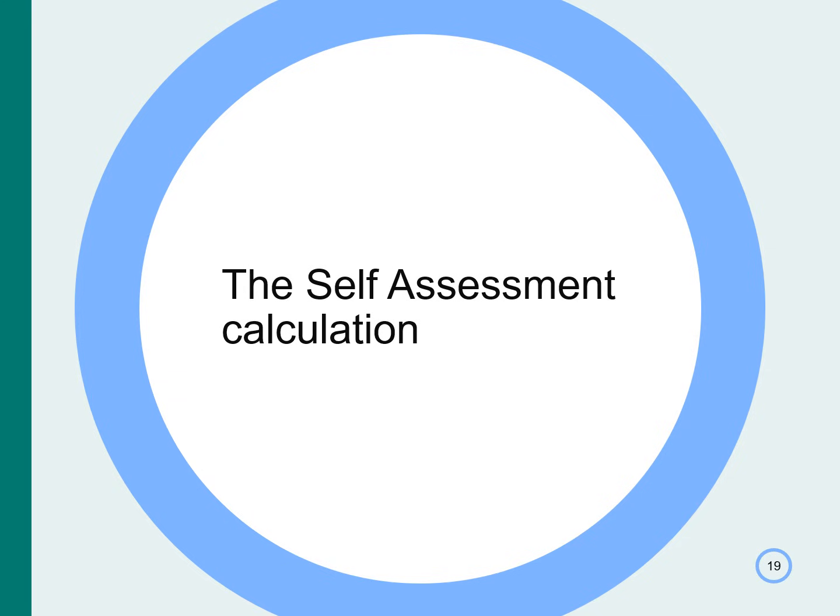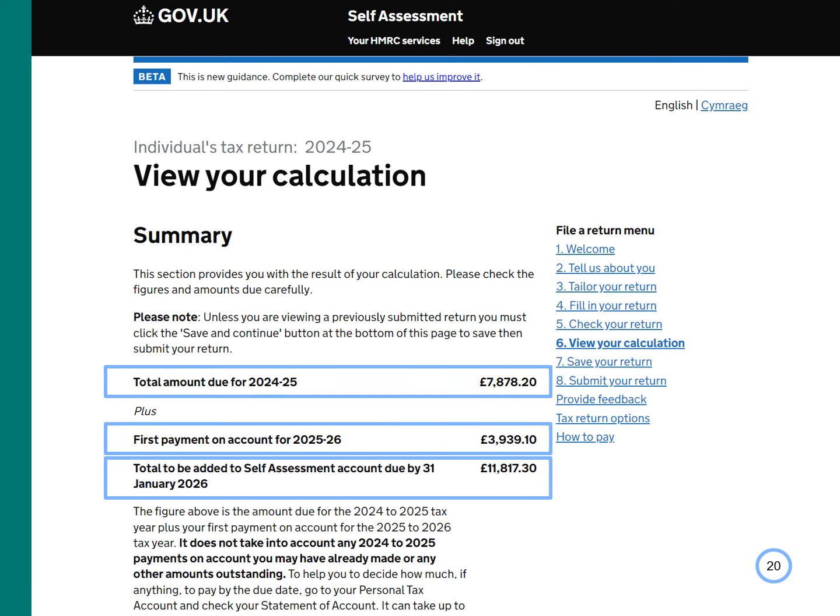Let's now look at the self-assessment tax calculation. As we mentioned before, this is the tax calculation summary. It shows the total amount due for 2024 to 2025, so the balancing payment.